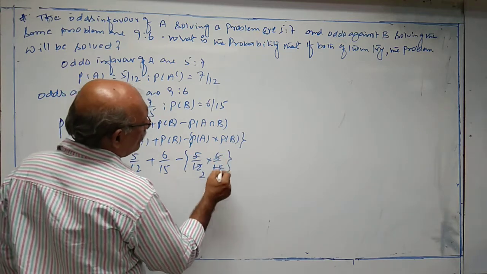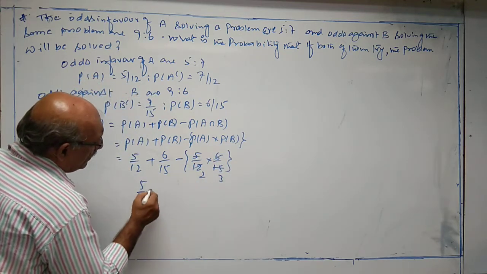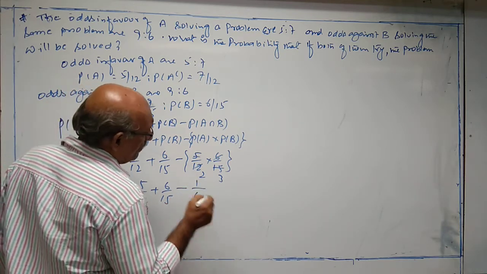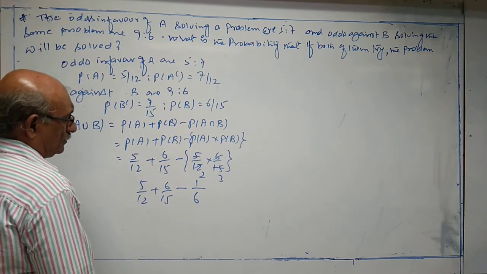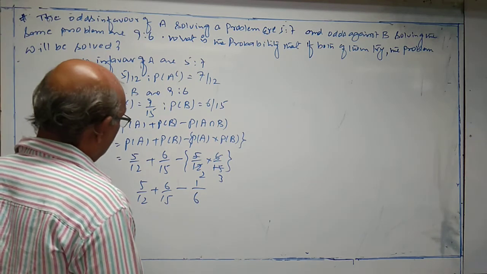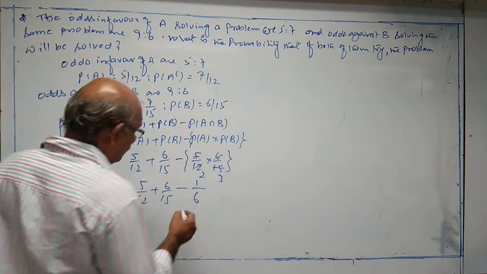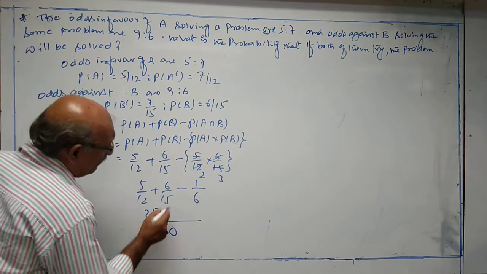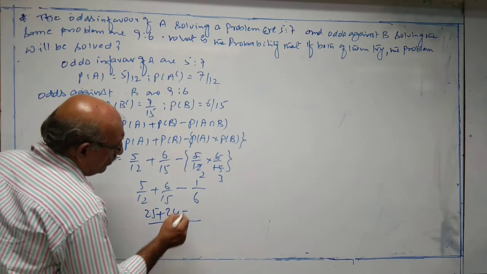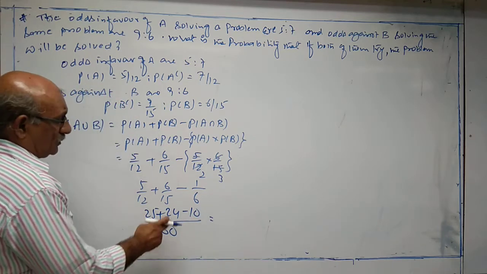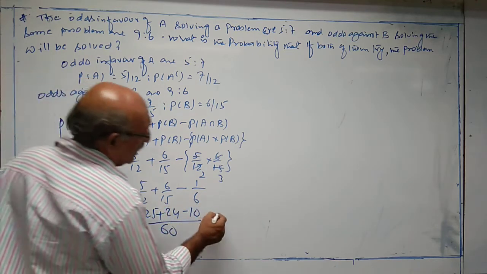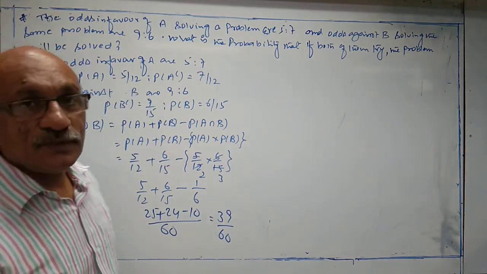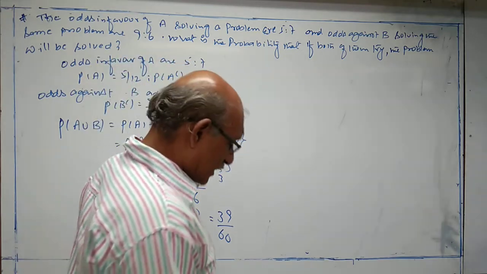It will go 2 times, it will go 3 times. 5/12 plus 6/15 minus 1/6. So 60 is the LCM. 12 will go 5 times, 5 fives are 25, 15 will go 4 times, 24, 6 will go 10 times. So this is 39/60. Answer is 39/60. This is one way of solving the question.